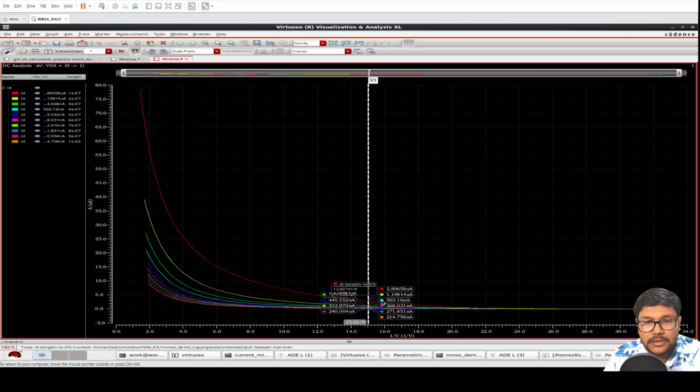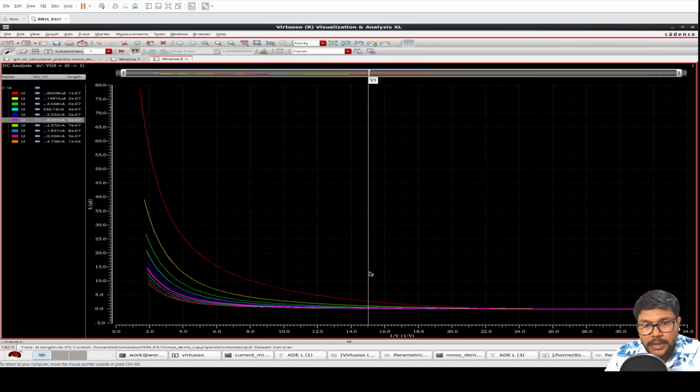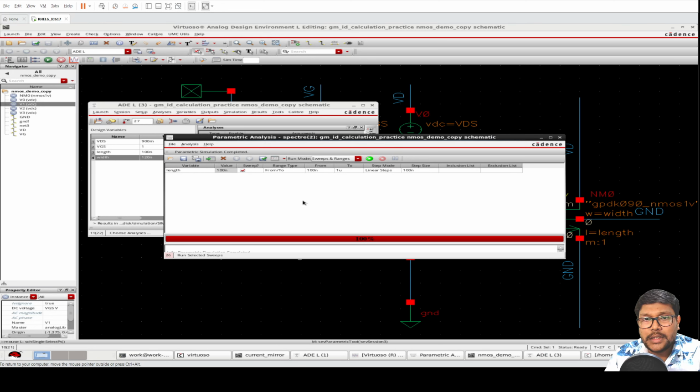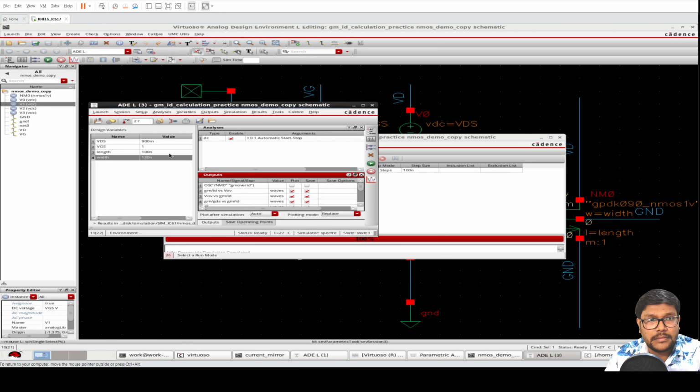Current depends of course on W, W by L. So for 600 nano it is now some 368 nano. Okay, so we found our minimum length, because that is what is needed. I am taking 600 nano as my length.